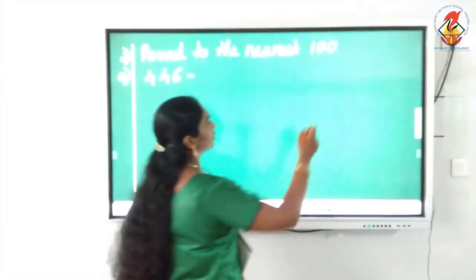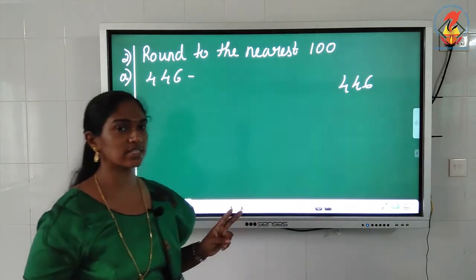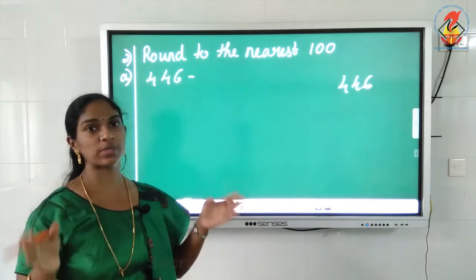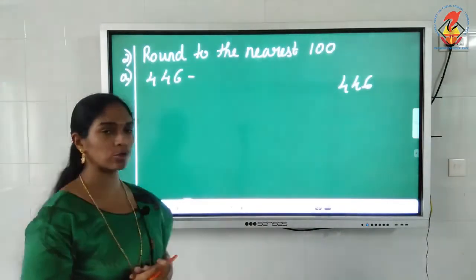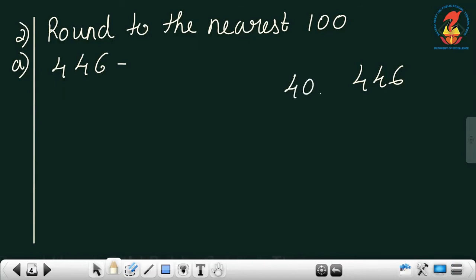Again, first you have to take the 2 hundreds, so that 446 is between those 2 hundreds. Can you tell me which are those 2 hundreds? Yes. First you have 4, so it is between 400. After 400, the next number is 500. After 4, it is 5. So, after 400, the next 100 is 500.